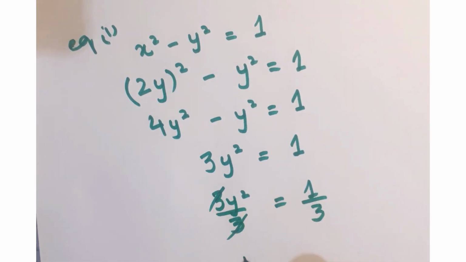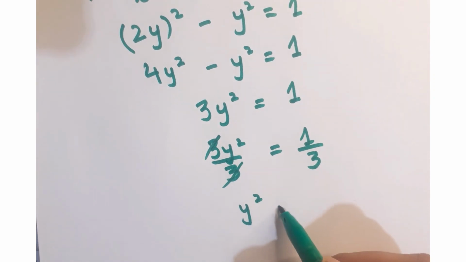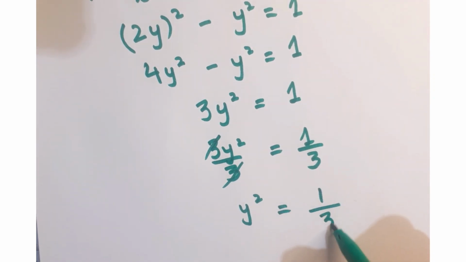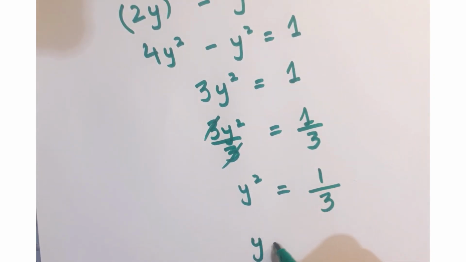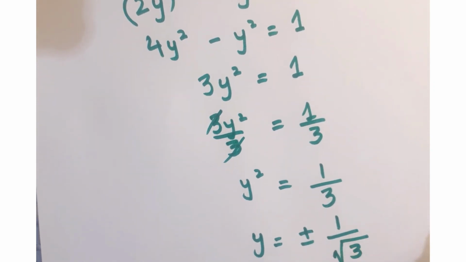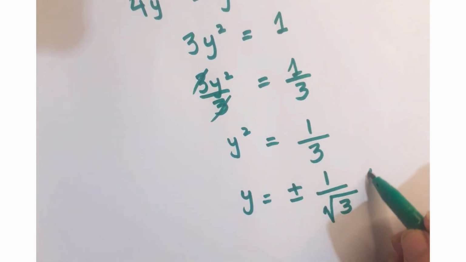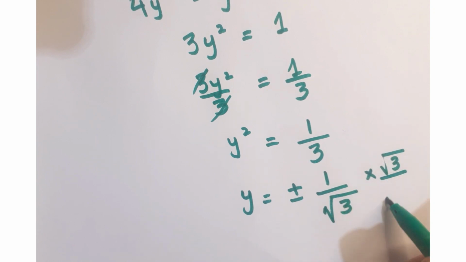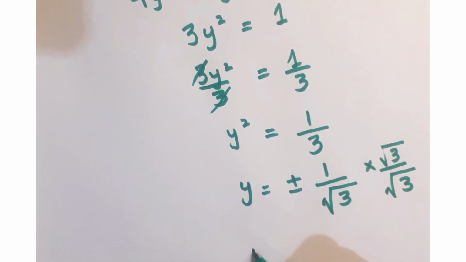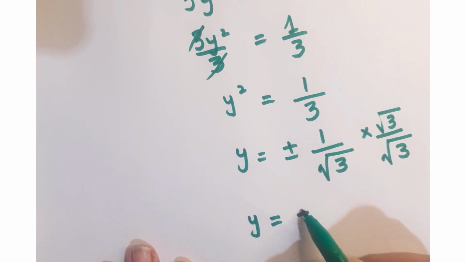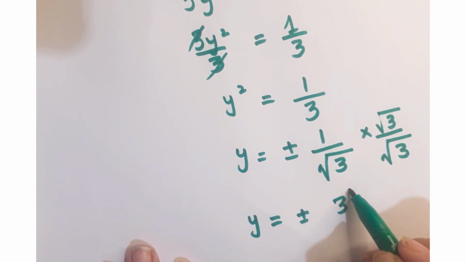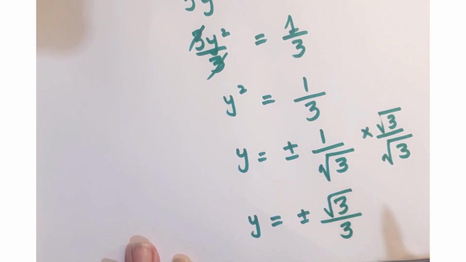This term gets cancelled. So we have y square is equal to 1 upon 3, or you can say y is equal to plus minus 1 upon under root 3. Now we rationalize it by multiplying and dividing by under root 3. So you get y is equal to plus minus under root 3 upon 3.